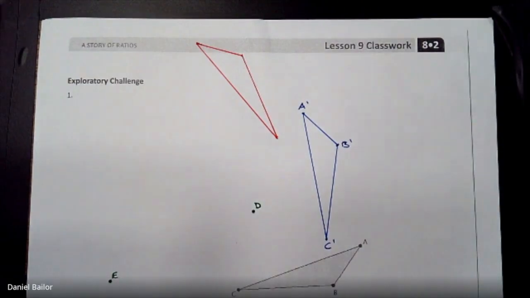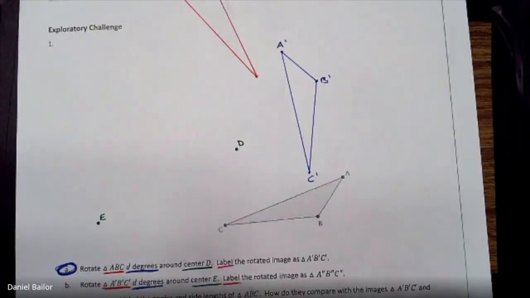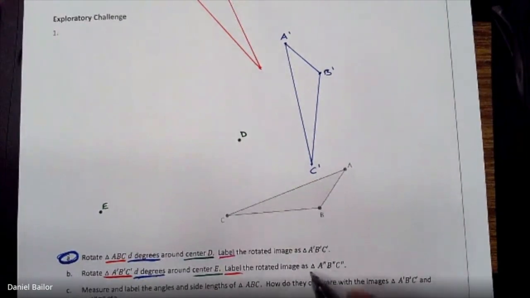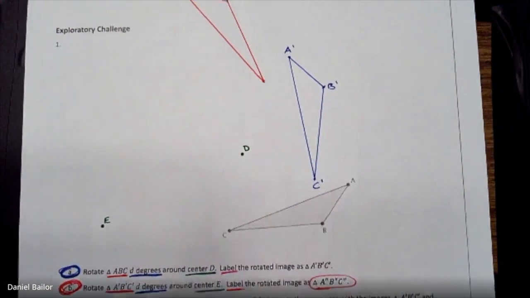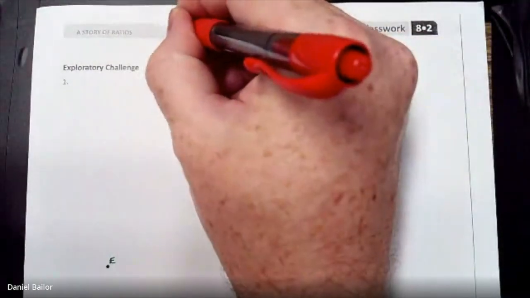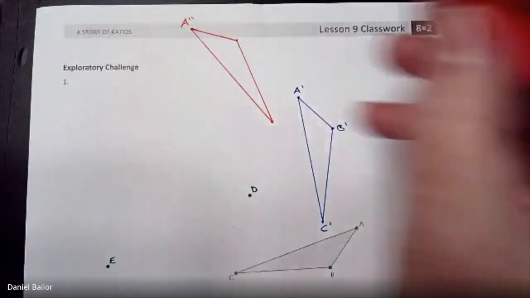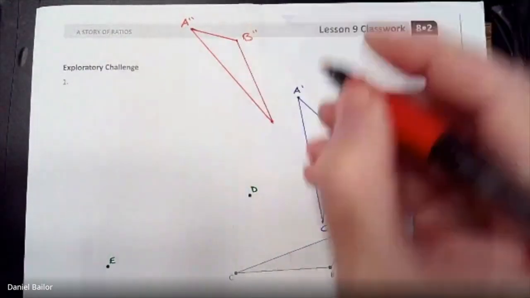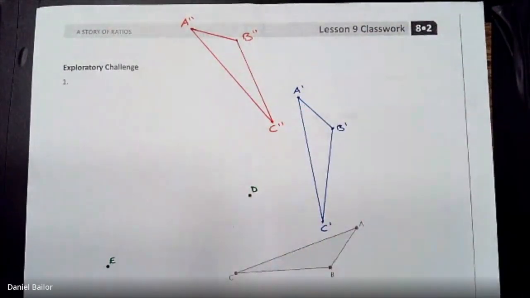If you look at the instructions, they told me to label it with A prime prime, B prime prime, C prime prime. So this time I'm going to label it in red. So the red triangle is for part B. So this up here is going to be A prime prime. This is B prime prime. And down here we have C prime prime.